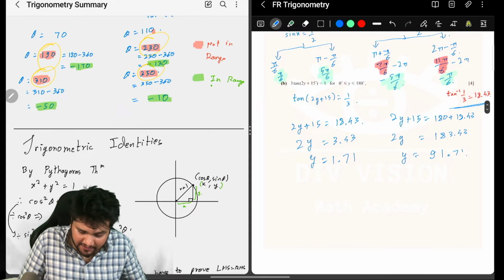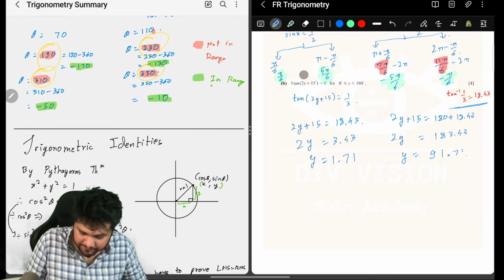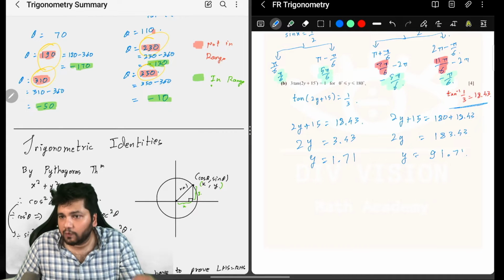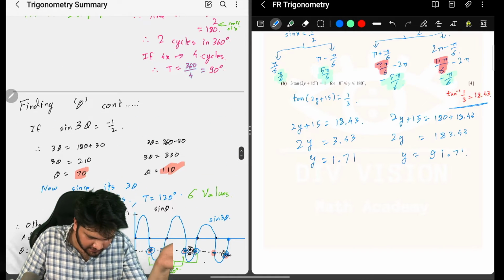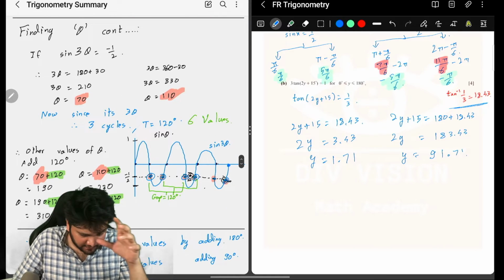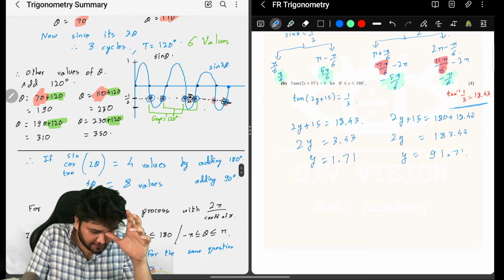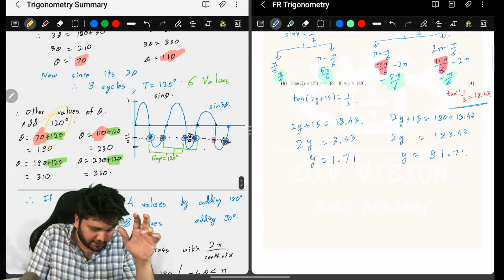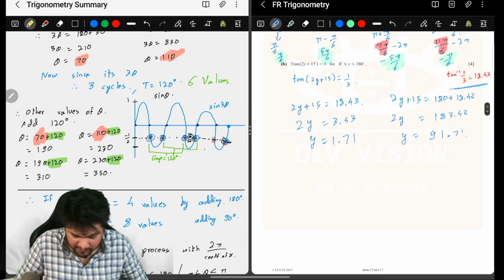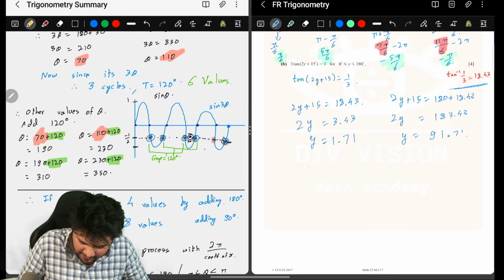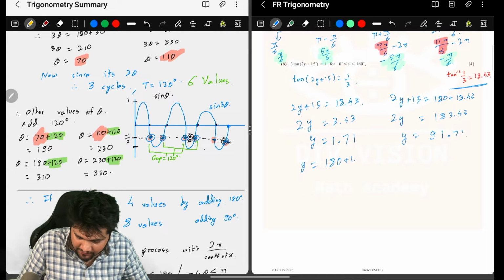Now the thing is here, since it is 2y, we are going to add 180 degrees according to this theory. Where is it? Okay, it was there somewhere in the theory. Other values of theta, add 120 degrees, that kind of stuff. So here the time period is 180 degrees, so we are going to add 180 degrees to this. If I add 180 degrees to this, I'll get y is equal to 180 plus 1.71, which is nothing but 181.71.